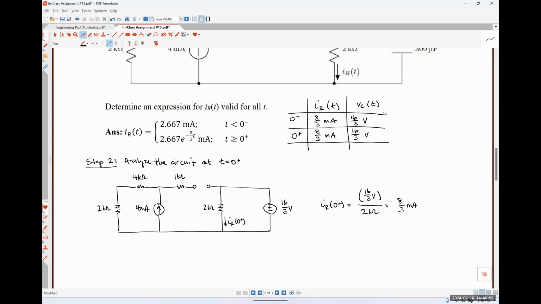Yes, but at this point, I just want to be really clear. We're only looking at the circuit at this very, very specific instant in time, which is why we're allowed to replace our capacitor with a voltage source.